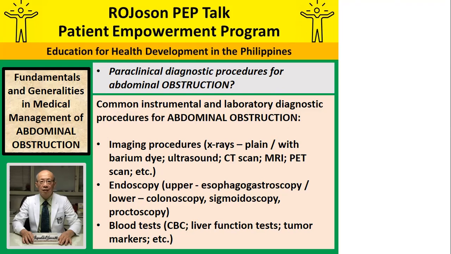For upper, it's usually used to scope the esophagus and the stomach. For the lower, it's usually used to scope the large intestine and the rectum. Then you have the blood tests like CBC, liver function tests, tumor markers, etc. So there are a lot of tests that can be done for abdominal obstructions.